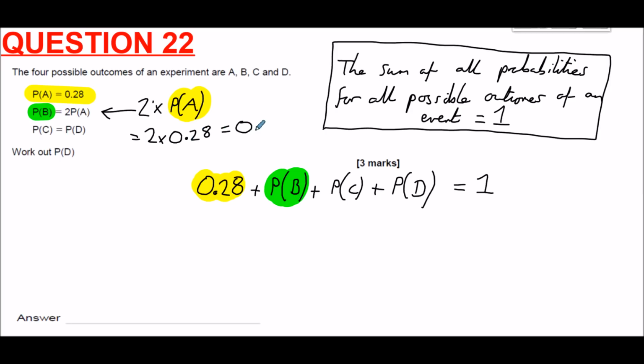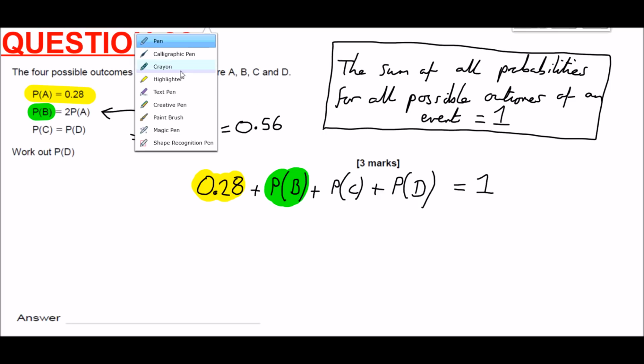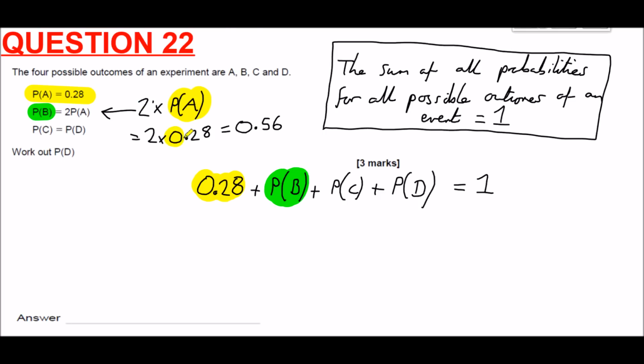And so we can again substitute this value for probability of B in place of P brackets B. So as I say, just replace PB with what PB is equal to.